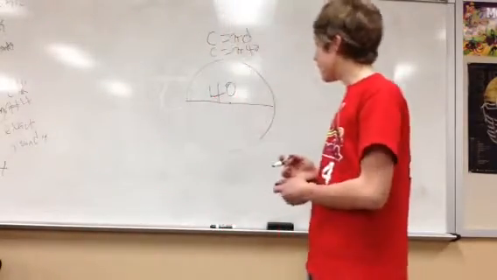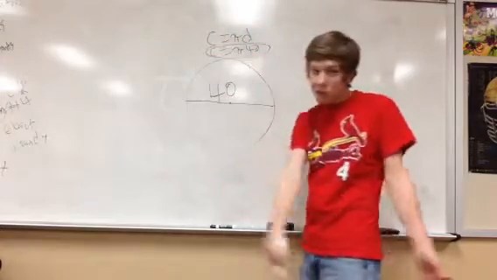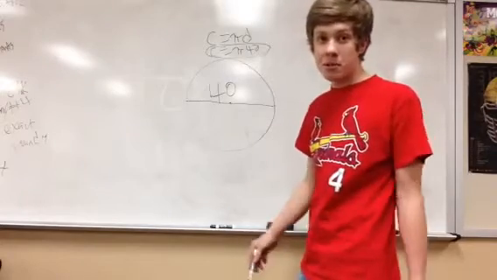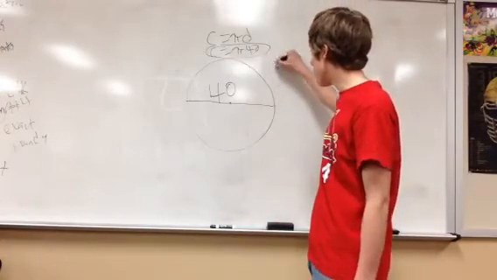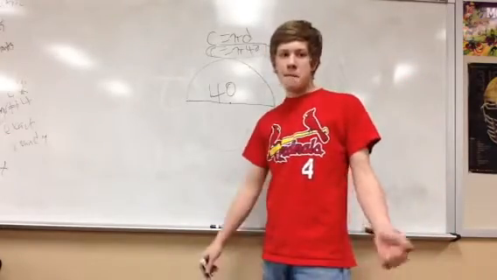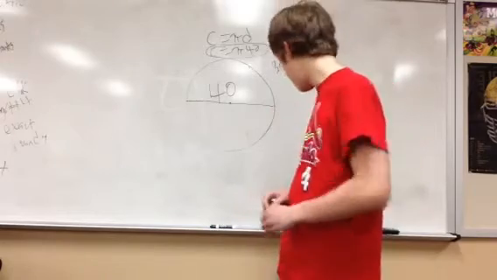You're done, buddy. Because that's the exact circumference. Boom. Right there. If you want to round to the nearest hundredth, you can just insert 3.14. And I'm not your mom. I'm not gonna do everything for you, so you can figure that out on your own, buddy.